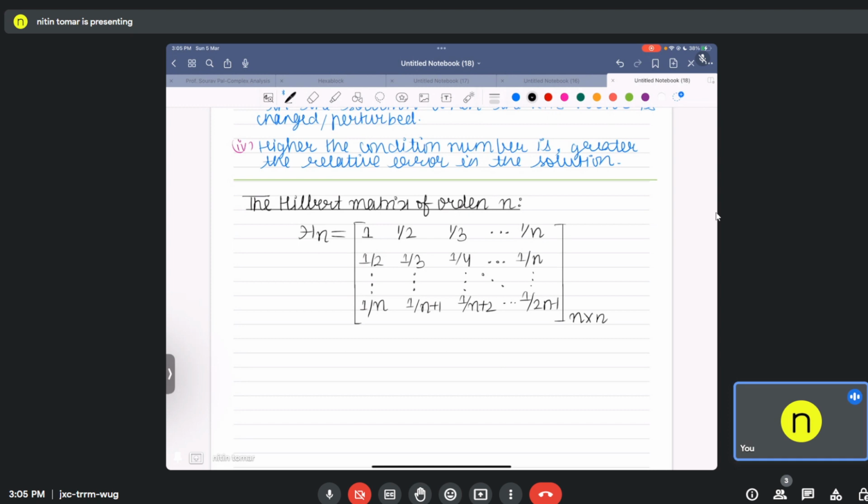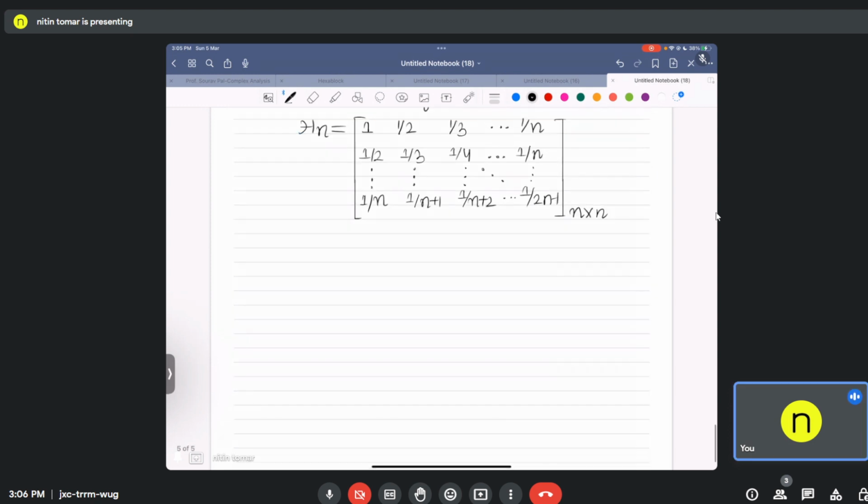No, but why should this matrix be invertible? Okay, let us discuss. We'll spend some time over this matrix. Okay. So what is H1? H1 is just 1, right? Yes, sir. And its determinant will be 1.